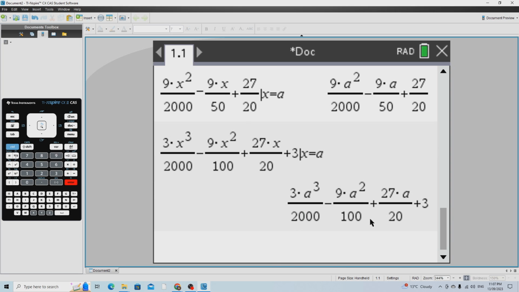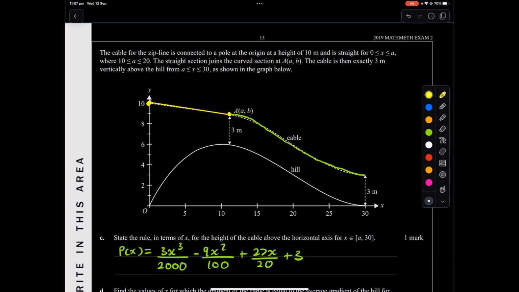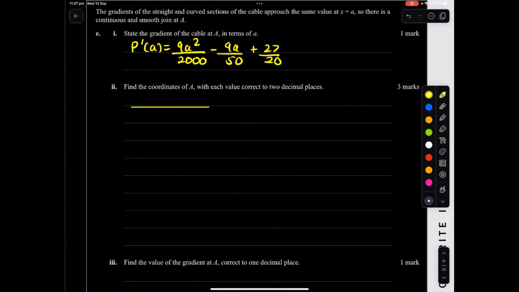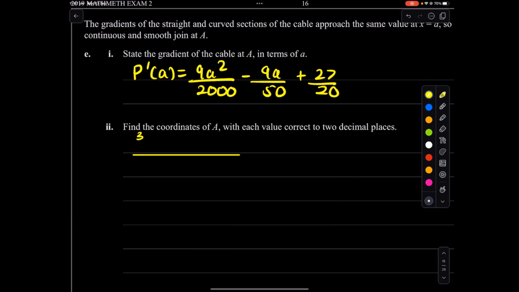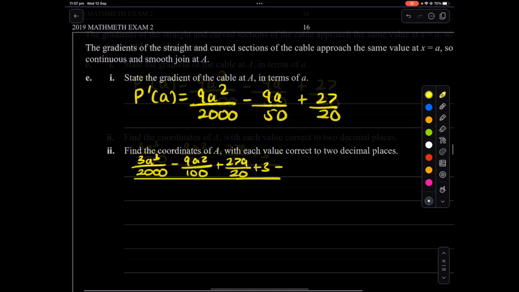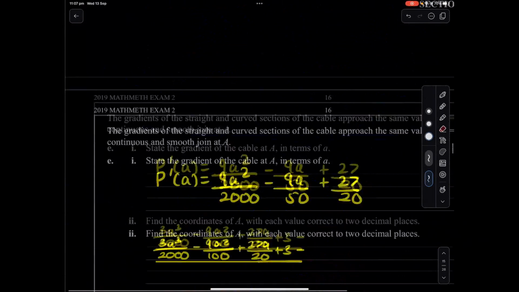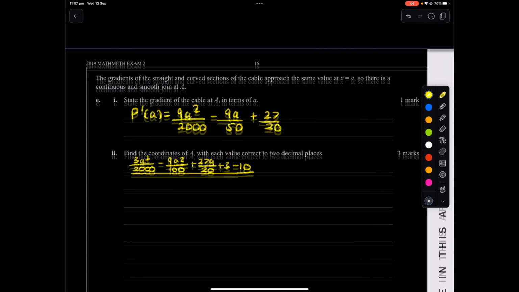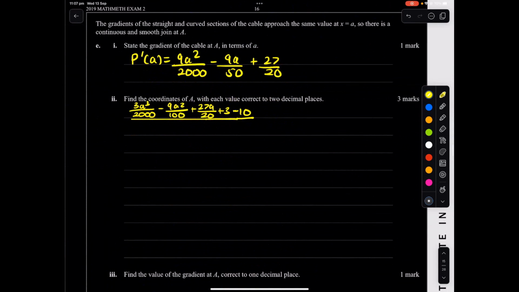So I can say 3a to the power 3 all over 2000 minus 9a squared over 200 plus 27a over 20 plus 3, minus 10, because that's our b value, and then a minus 0, which is just a, all over a.